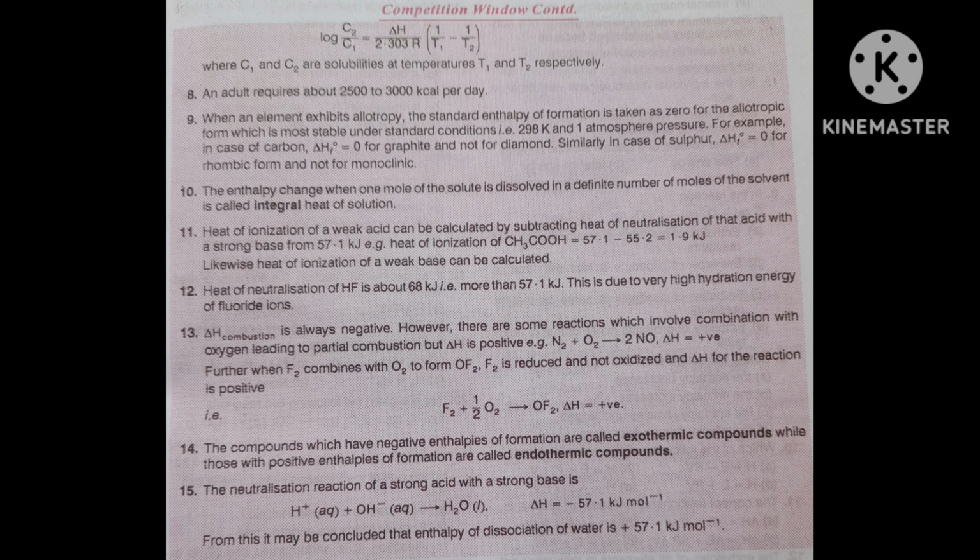But the heat of neutralization of HF is more than this, 68 kilojoule. Why? All should be maximum up to 57.1, but why in case of HF is it 68 kilojoule?